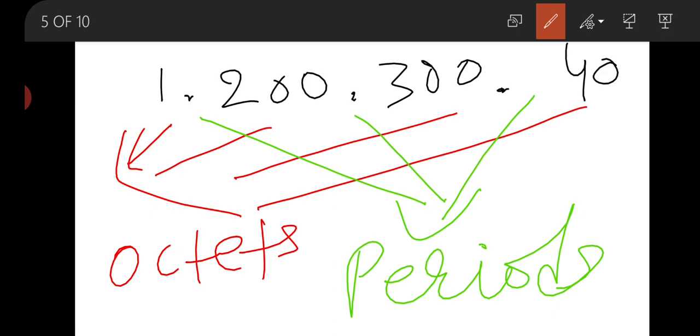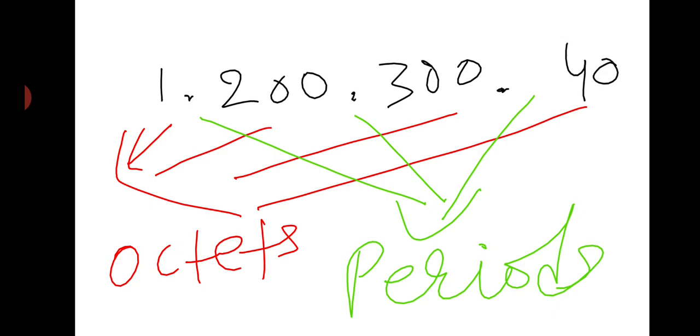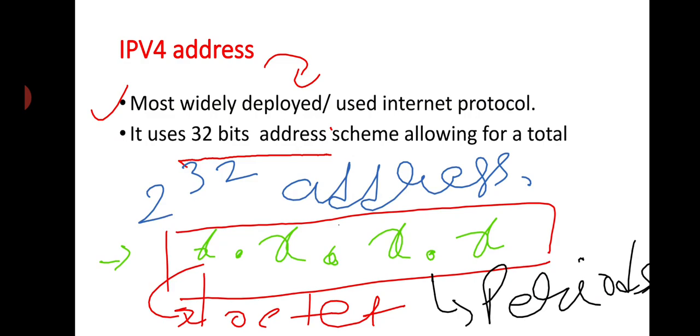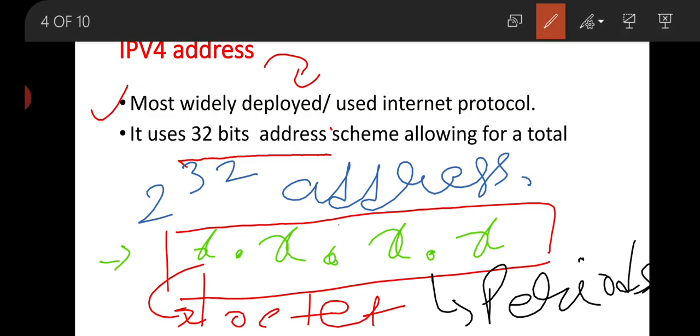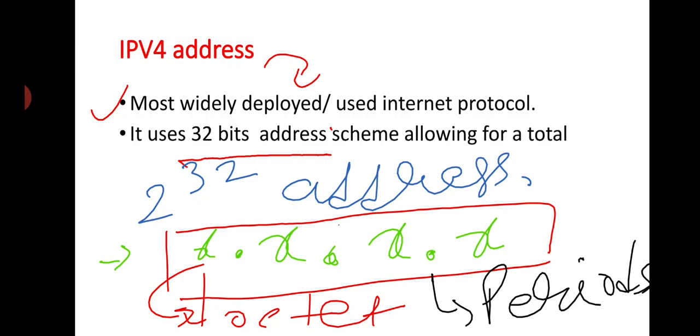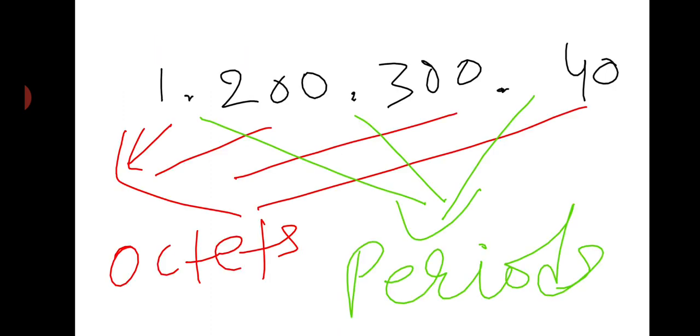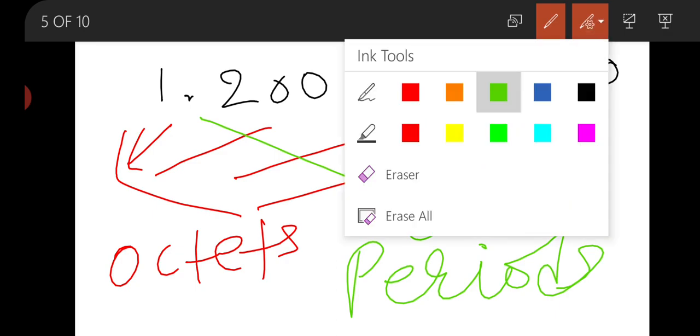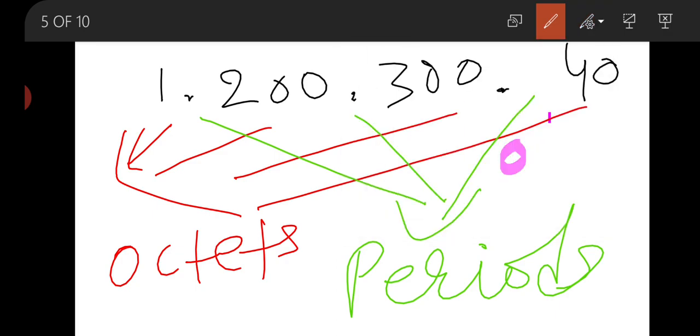That means the machine can understand it in binary format, and the range of these decimal values is 0 to 255.